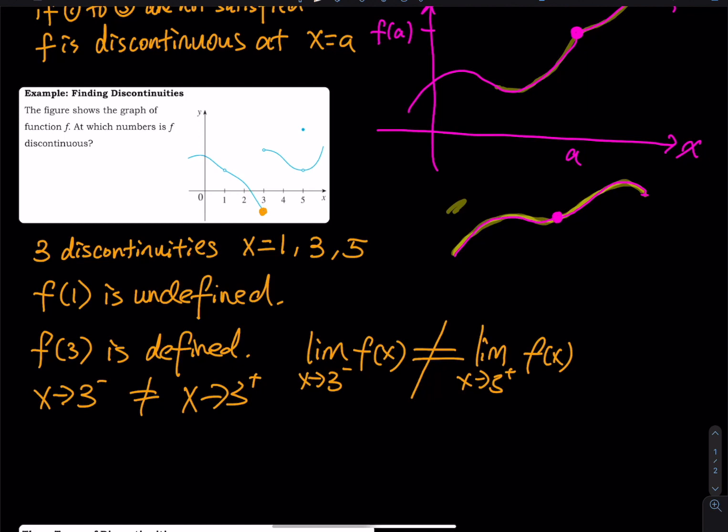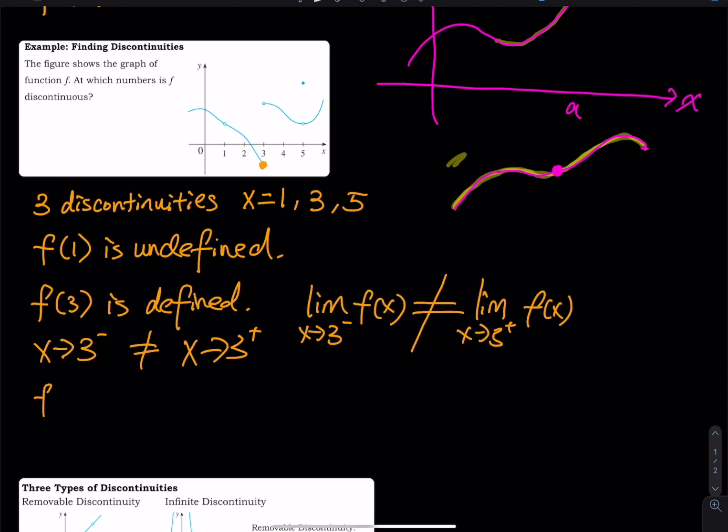How about number 5? Number 5, you have something similar. f of 5 is defined. This point is f of 5. Let me erase that quickly. So this point is when x equals 5, y equals f of 5, whatever the value is. There is a solid point right there. However, the left limit and the right limit and the solid point, they are not connecting, right?